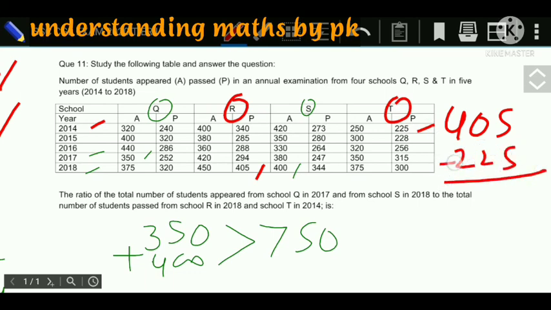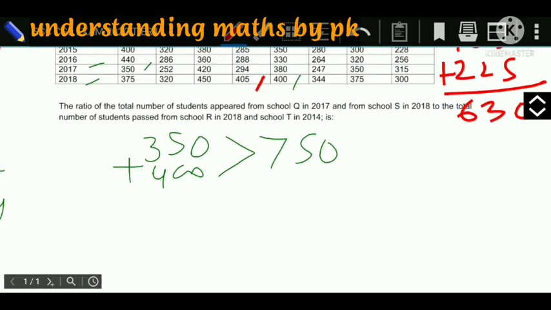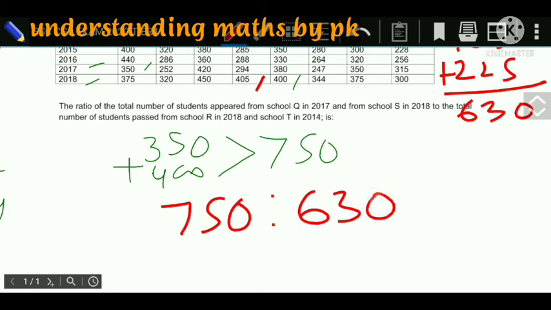So on addition this comes 630. So the ratio will be 750 ratio 630.